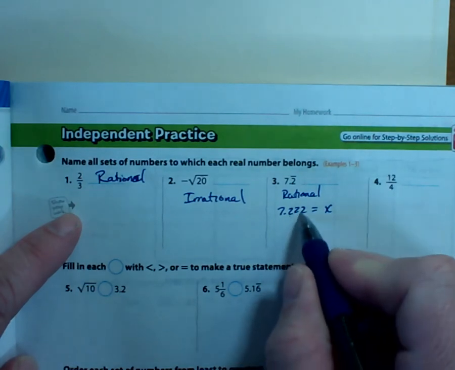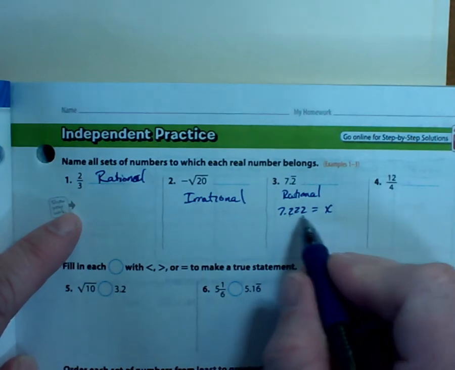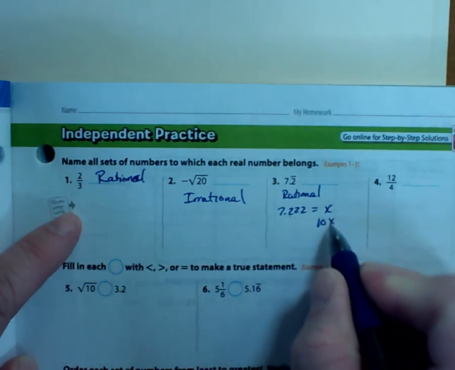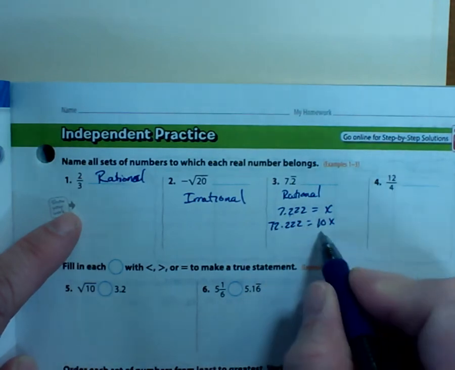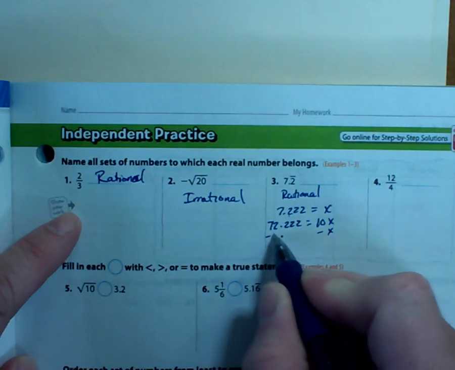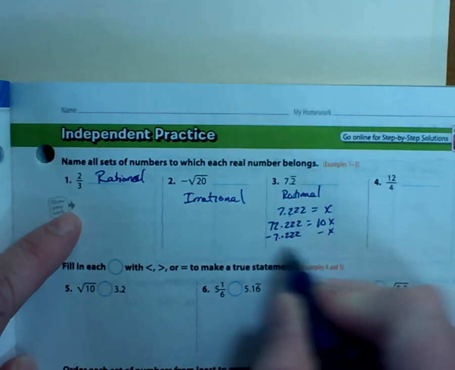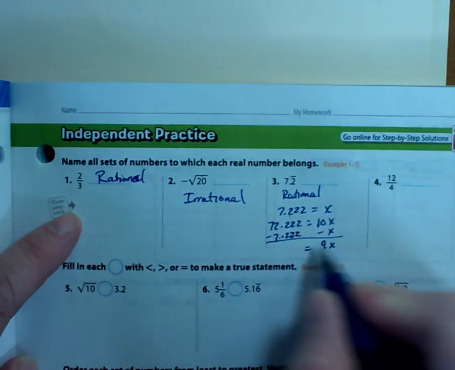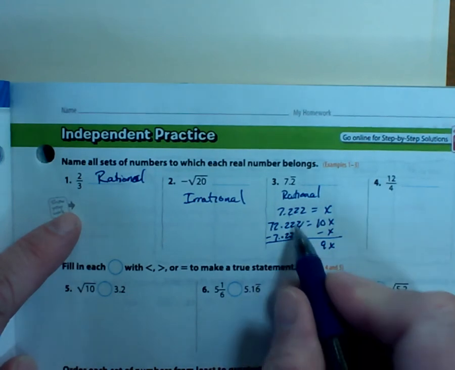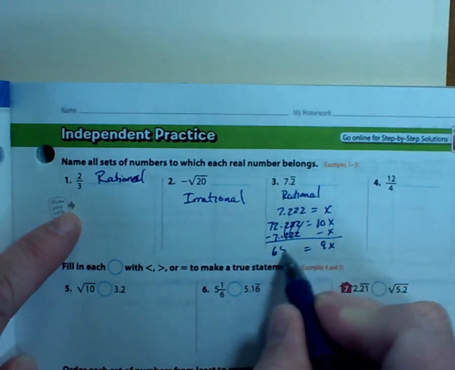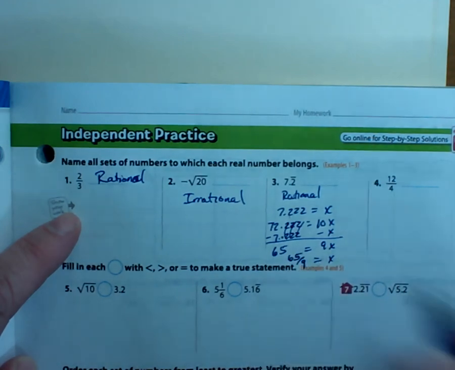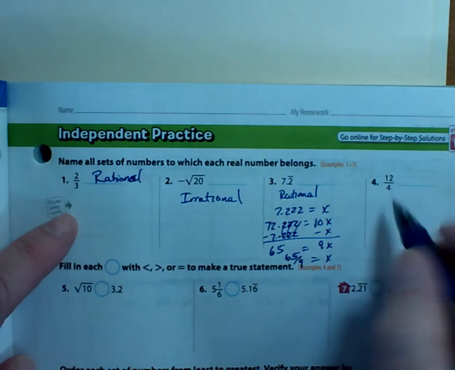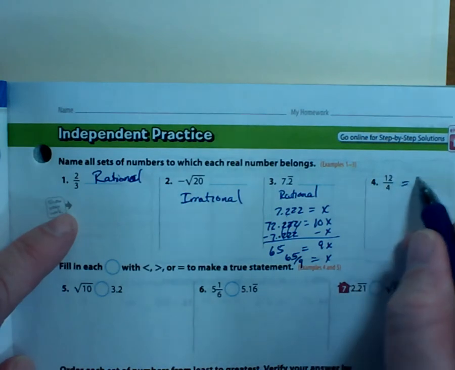It repeats at every tenth. Every time the decimal moves, it would repeat. So we could multiply by 10. We'd get 72.222 equals 10x. Subtract x. Subtract 7.222. We get 9x equals, all these 2's cancel, we get 65. So x would equal 65 over 9. This is rational.